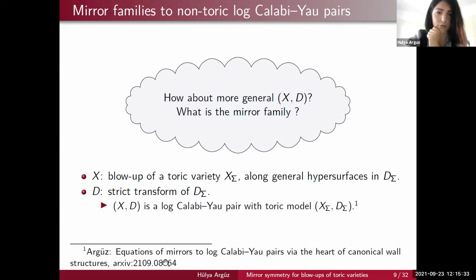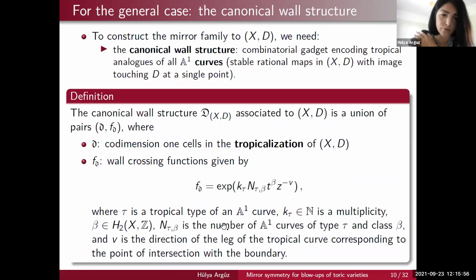So these provide the first concrete equations for mirrors in higher dimensions. Apart from one case studied by Tom Coates, there was one three-dimensional manifold where we understood their mirrors. So these provide the first non-trivial examples of higher dimensional mirrors where we understand the explicit equations.